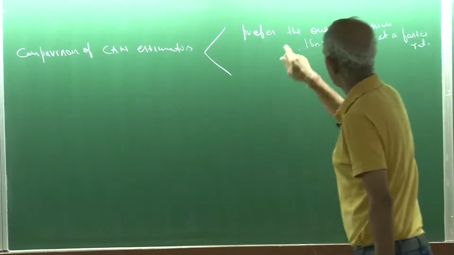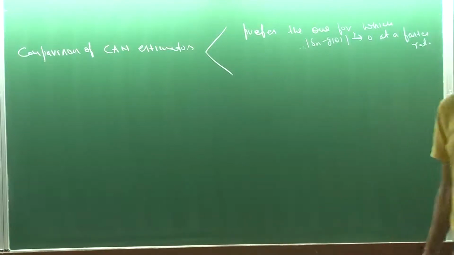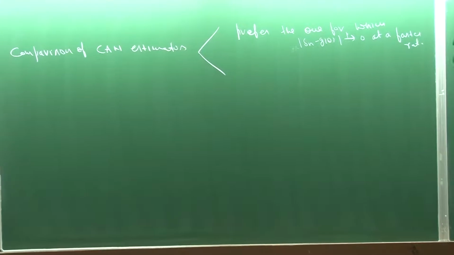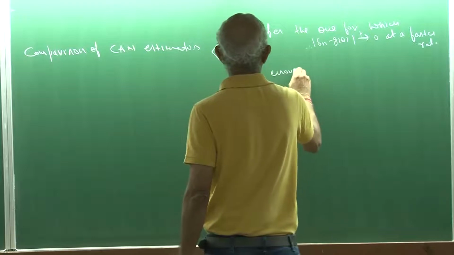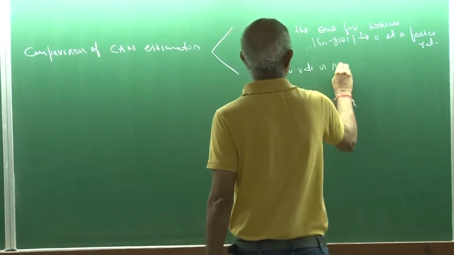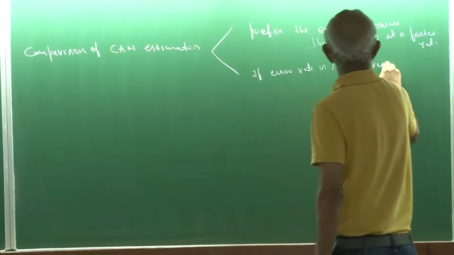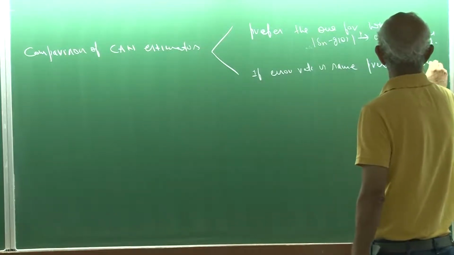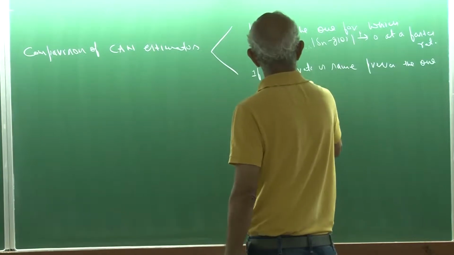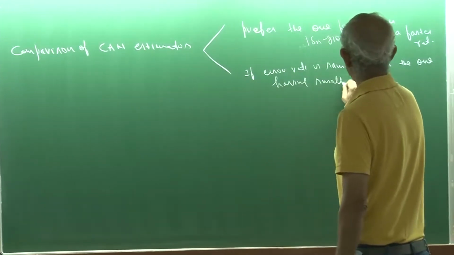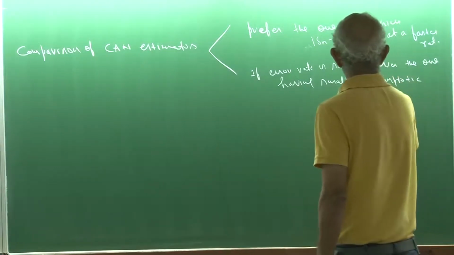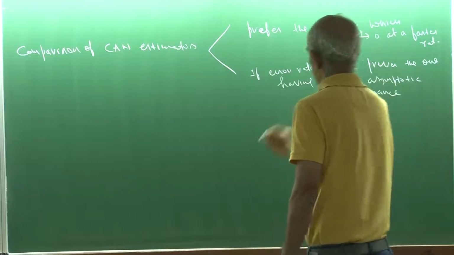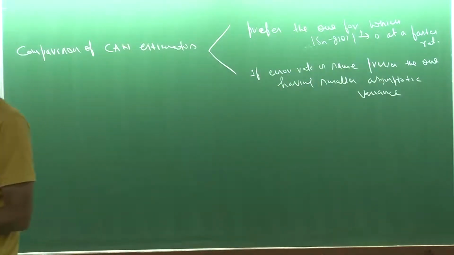For example, if for some the normalizing factor is root n, and for the other the normalizing factor is n, you prefer the one for which the normalizing factor is n. If the error rate is same, prefer the one having smaller asymptotic variance. So this is a straightforward method to compare two different sequences of estimators.